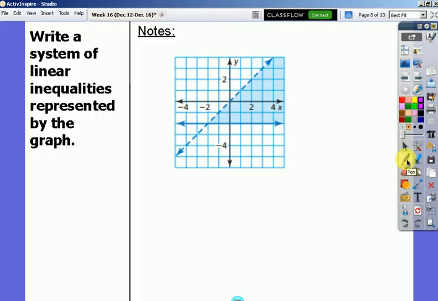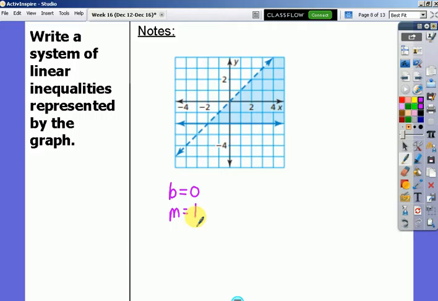Some of you may not need to write the equations, you can go straight to the inequalities, and that's fine. I'm going to look at the dotted line first. I notice that I have a y-intercept of 0, so I have a b value of 0 for the dotted line. I also notice that I go up 1 to the right 1, or down 1 to the left 1, so I have a slope of 1.